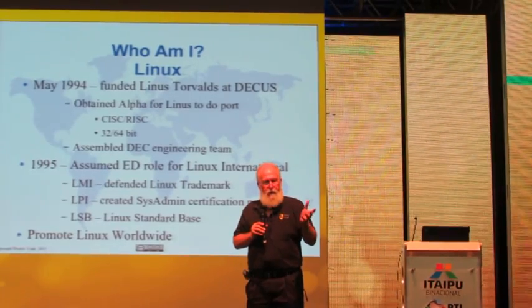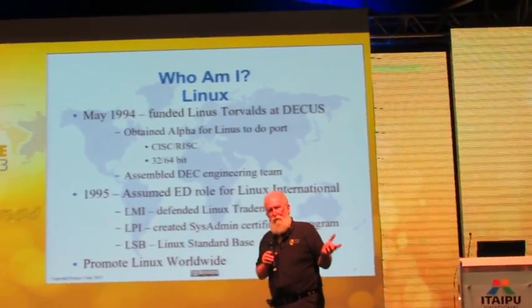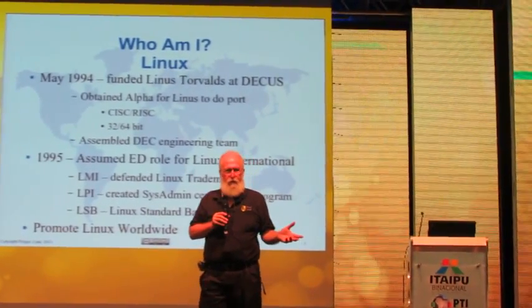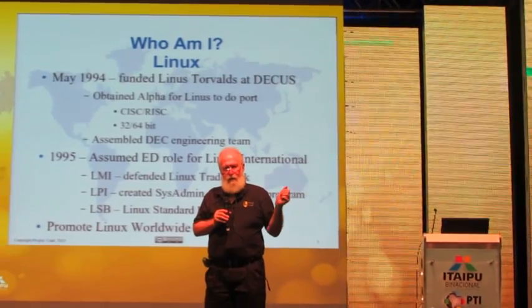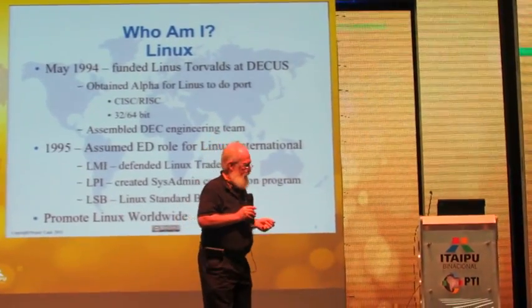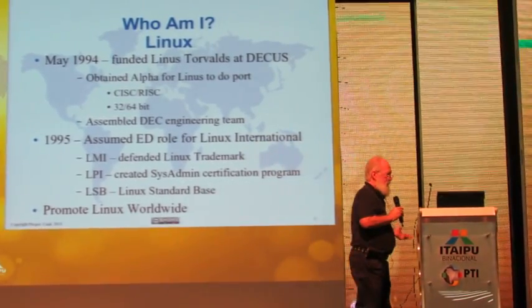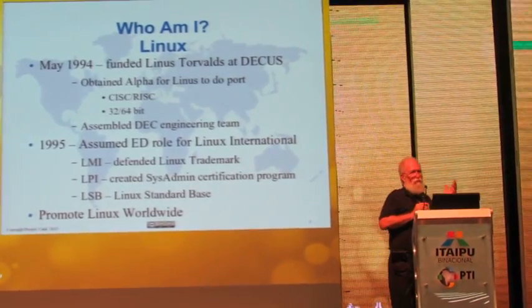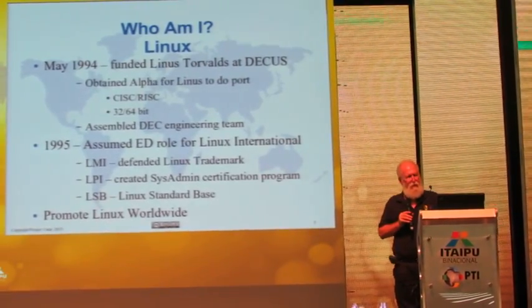Now, I've been in the computer field since 1969. I've worked in a wide variety of different architectures. And I'm sorry, Intel, but I think that reduced instruction set is the way to go. And so I wanted Linus to make sure that Linux was portable to many different types of architectures, not just Intel.